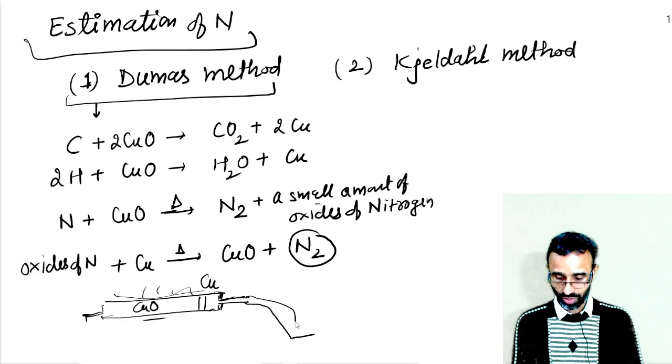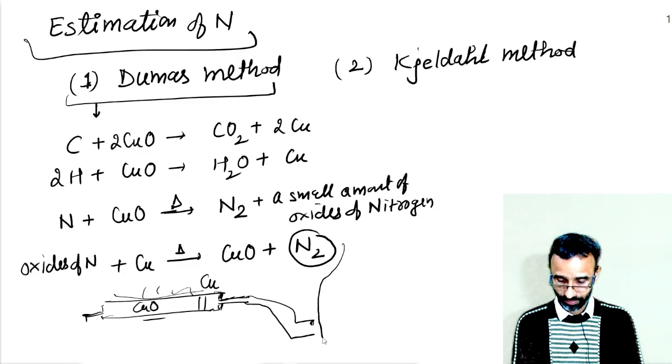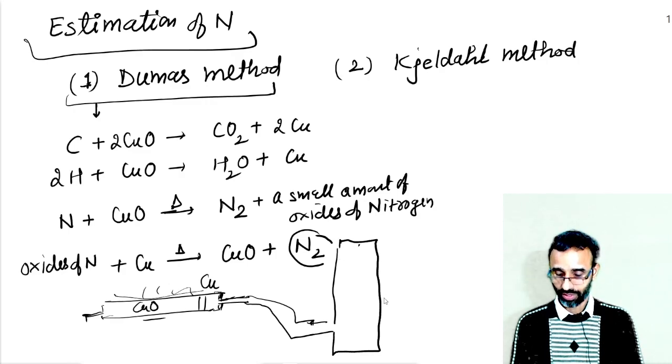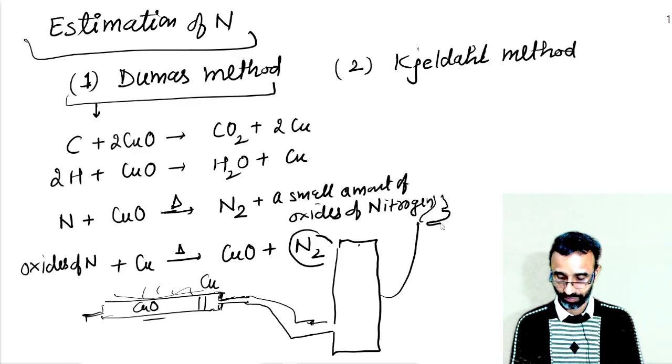So ultimately what will happen, there is a cylinder containing nitrogen. Here there is KOH.